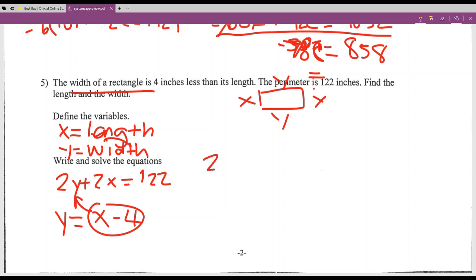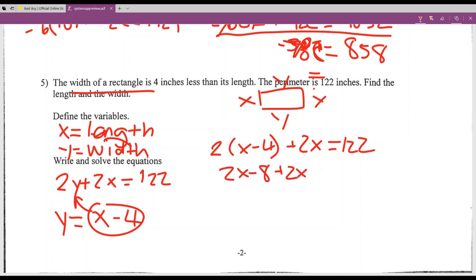So you have 2 times X minus 4 plus 2X equals 122. So you got 2X minus 8 plus 2X equals 122. 4X minus 8 equals 122. Add 8.